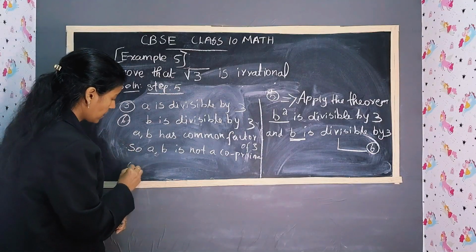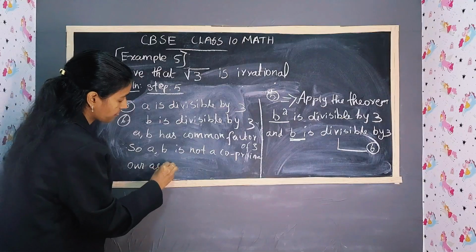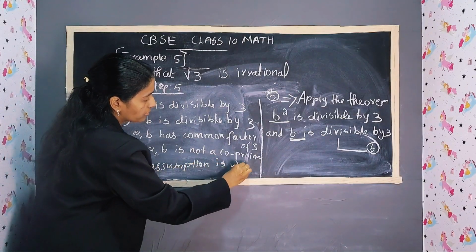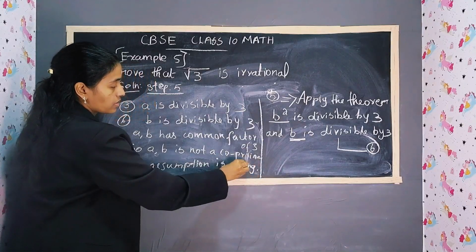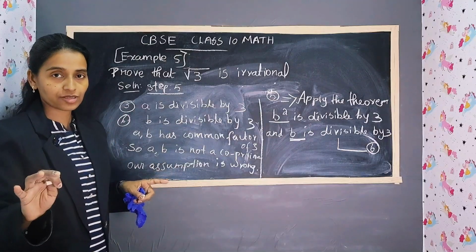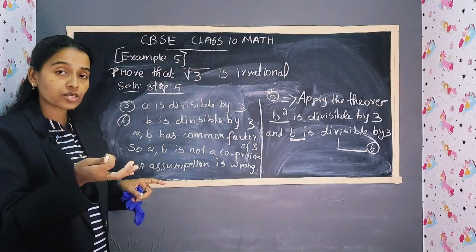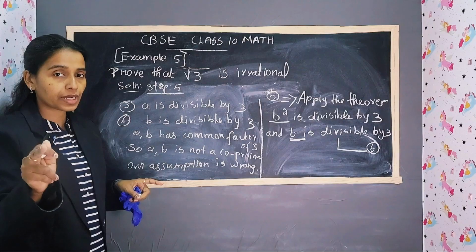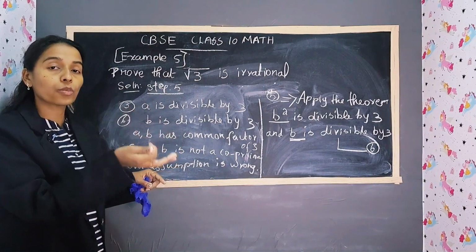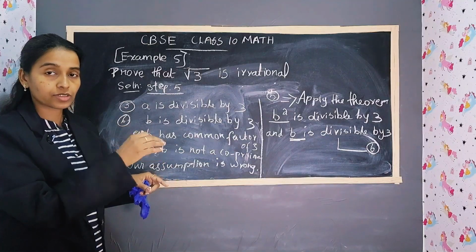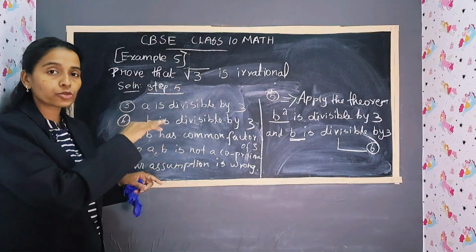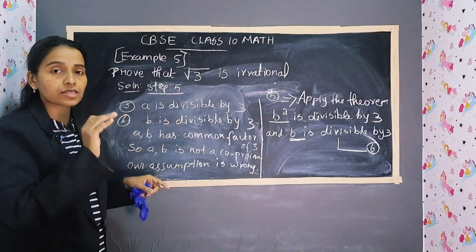So we can say square root of 3 is irrational. If it is rational, a and b will be coprime, but here a and b are not coprime, so square root of 3 is irrational.